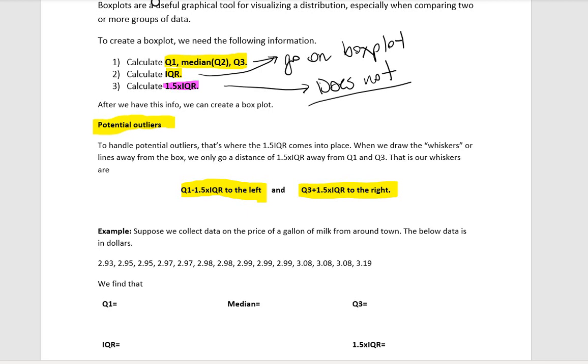So any number outside of this interval, outside of Q1 minus 1.5 times IQR, and anything outside of Q3 plus 1.5 times the IQR, is going to be an outlier.